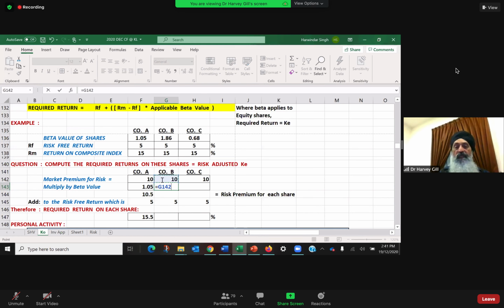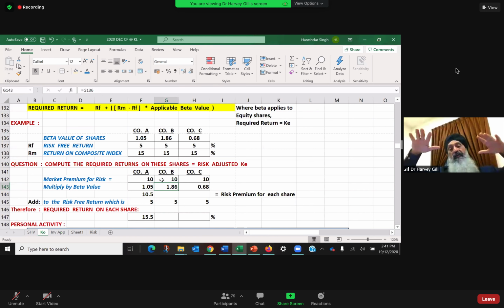For company B, the beta value is 1.86. For C, the beta value is 0.68, less than 1. So company A shares move more or less with the market. Company B shares are volatile. Company C shares are probably less volatile than the market, and they don't necessarily move in line with the market.